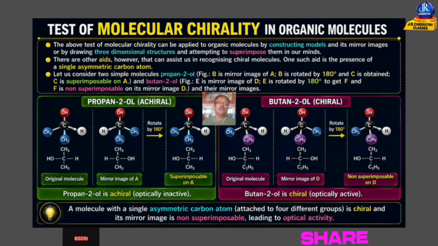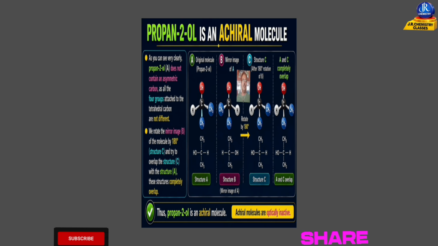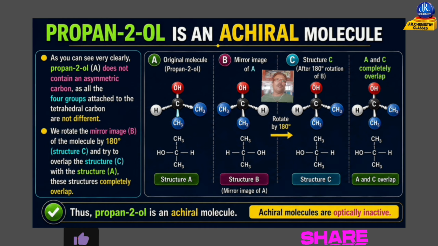And second is butan-2-ol. Figure E is a mirror image of D. E is rotated by 180 degrees to get F, and F is non-superimposable on its mirror image D. As you can see very clearly, propan-2-ol A does not contain an asymmetric carbon, as all the four groups attached to the tetrahedral carbon are not different.